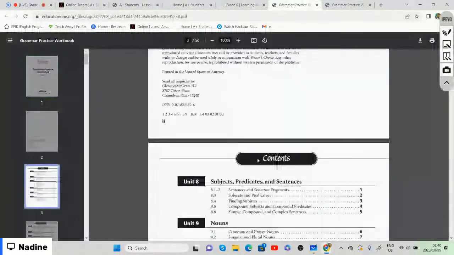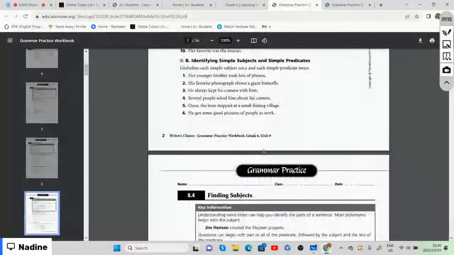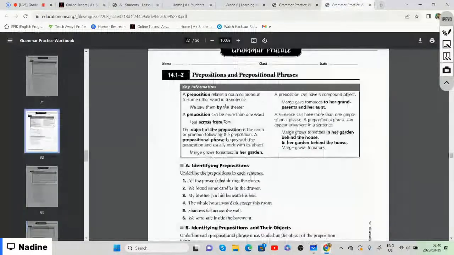And then we're going to scroll down until we get to page 28. Only 28. So we're going to go over prepositions and prepositional phrases.